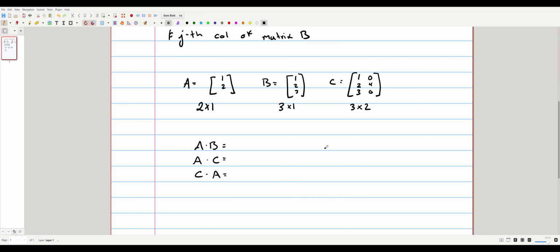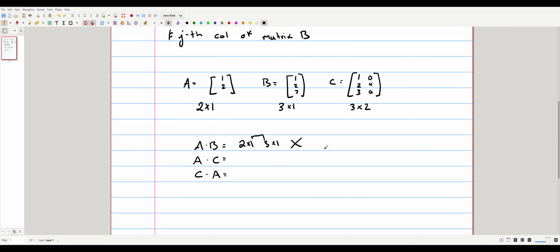So can we multiply the matrix A times B? Well, the matrix A is a 2 by 1, right? And the matrix B is a 3 by 1. And since these two terms do not match, you cannot multiply these. So you cannot perform this operation here.